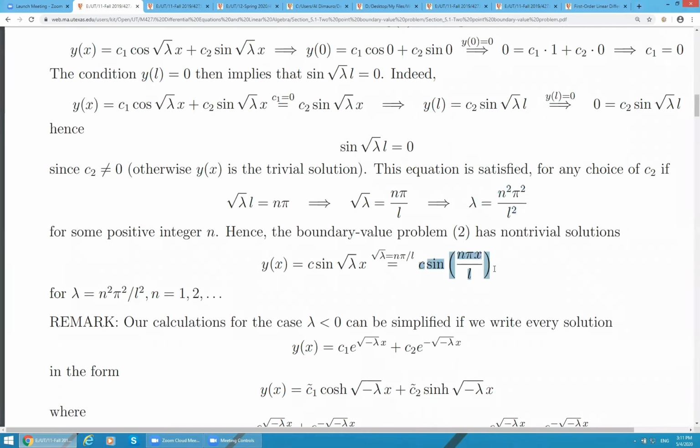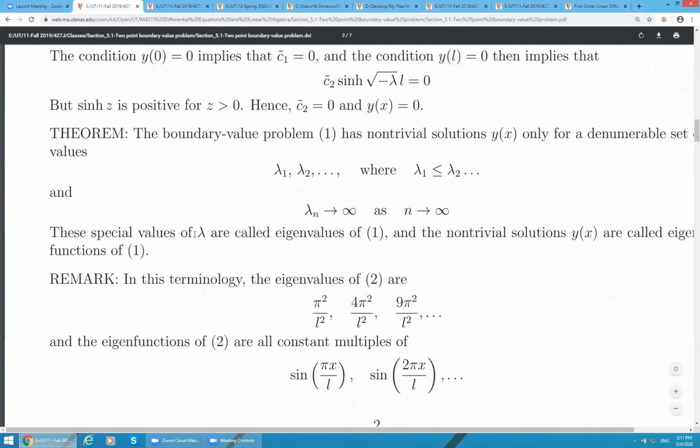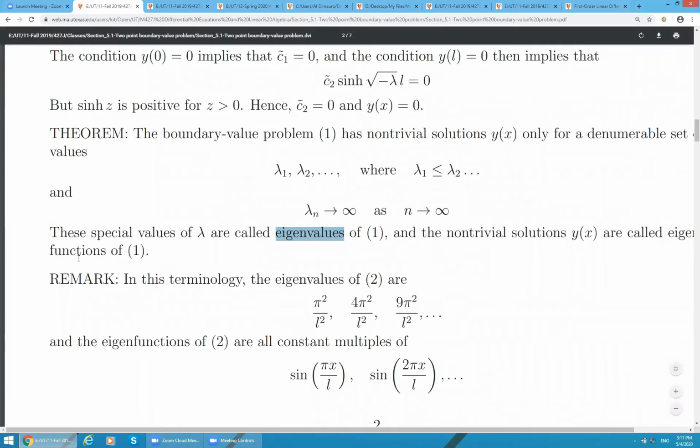These are the non-trivial solutions. Lastly, we call lambdas for which our boundary value problem has non-trivial solutions eigenvalues, and we call these non-trivial solutions eigenfunctions.